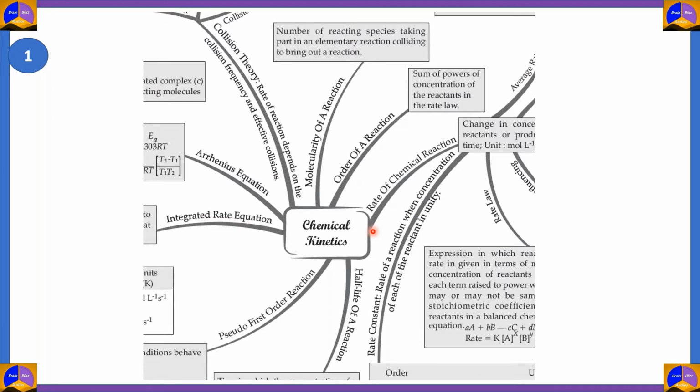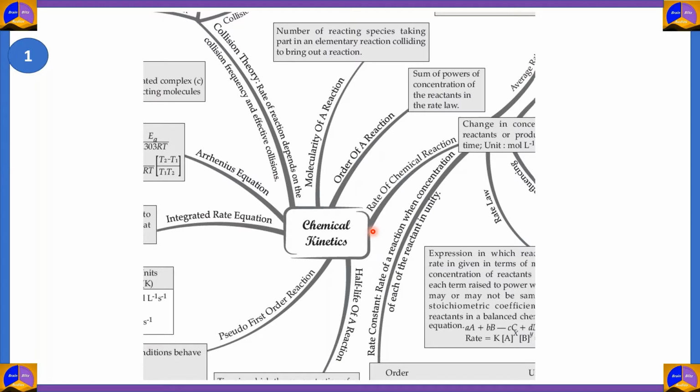The feasibility of a chemical reaction, which we studied in the chapter thermodynamics in grade 11. The extent to which a reaction will proceed, which can be studied in the chapter equilibrium. And finally, the speed of the reaction. That is the time taken by a reaction to reach equilibrium.